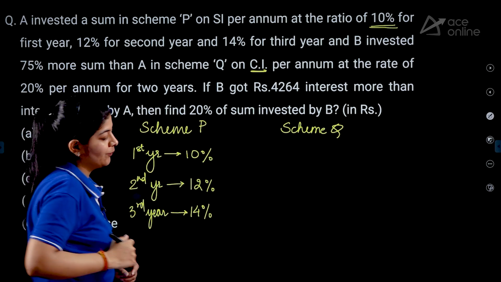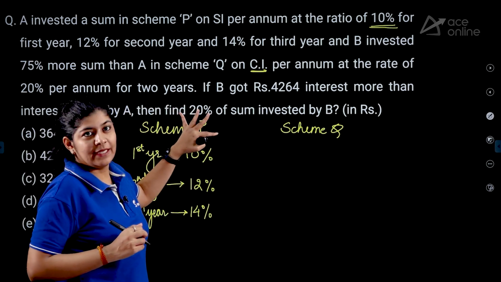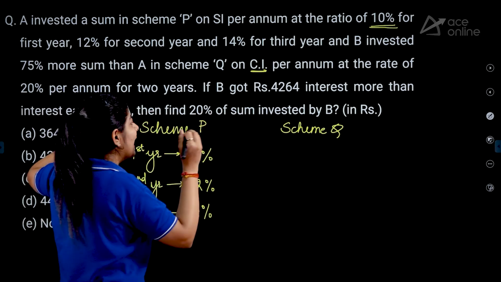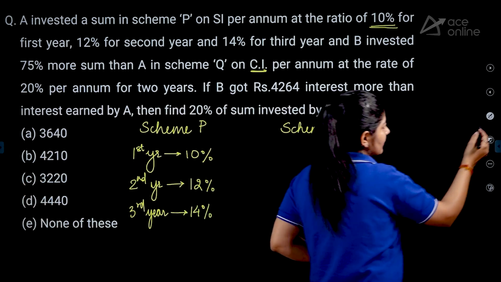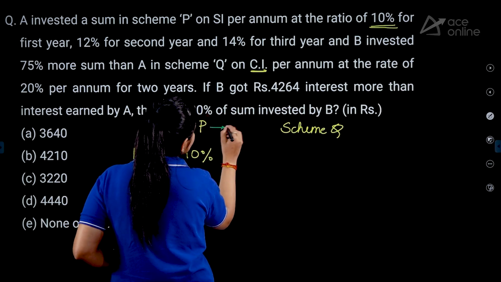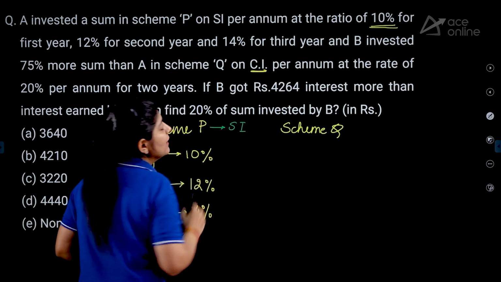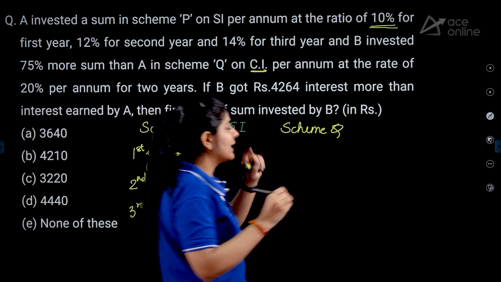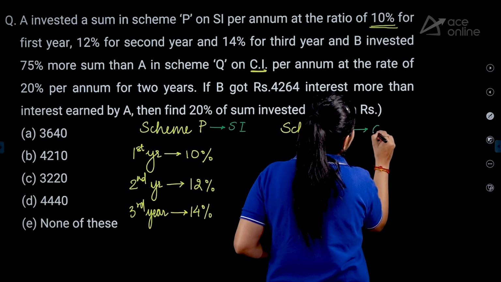Is it clear? Now in scheme P he is getting interest according to SI, that means on simple interest. Scheme P runs on simple interest while scheme Q runs on compound interest.